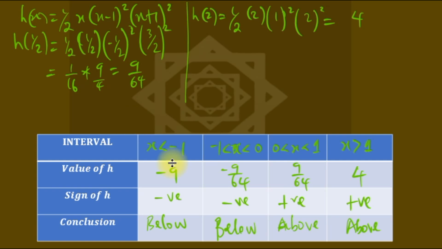When x is minus 2, we got minus 9 as y. For the other one, y is minus 0 point something, not even 0.1 something. So let's put those values so that it will help us.